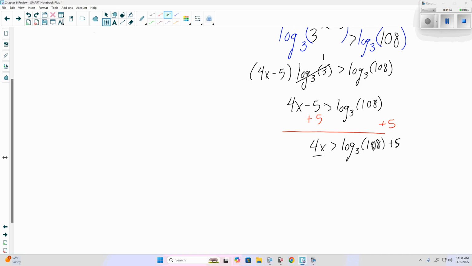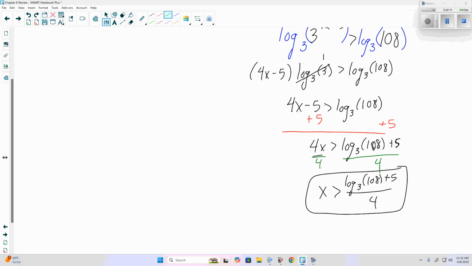Lastly, we're going to divide by 4, telling us x is greater than log base 3 of 108 plus 5 over 4. So solving these inequalities really isn't a whole lot different than our equations. We just have inequality signs. Questions on this here?